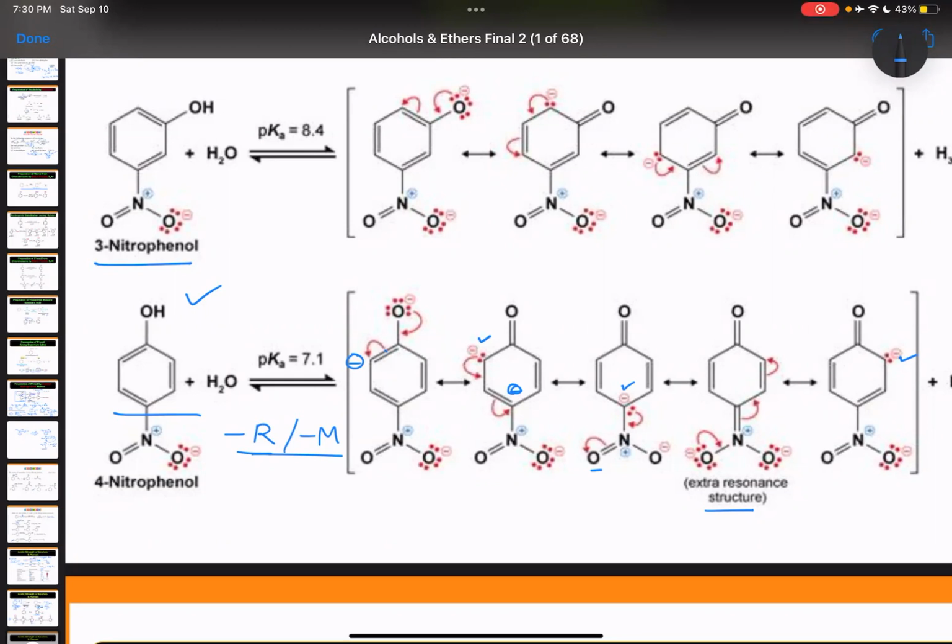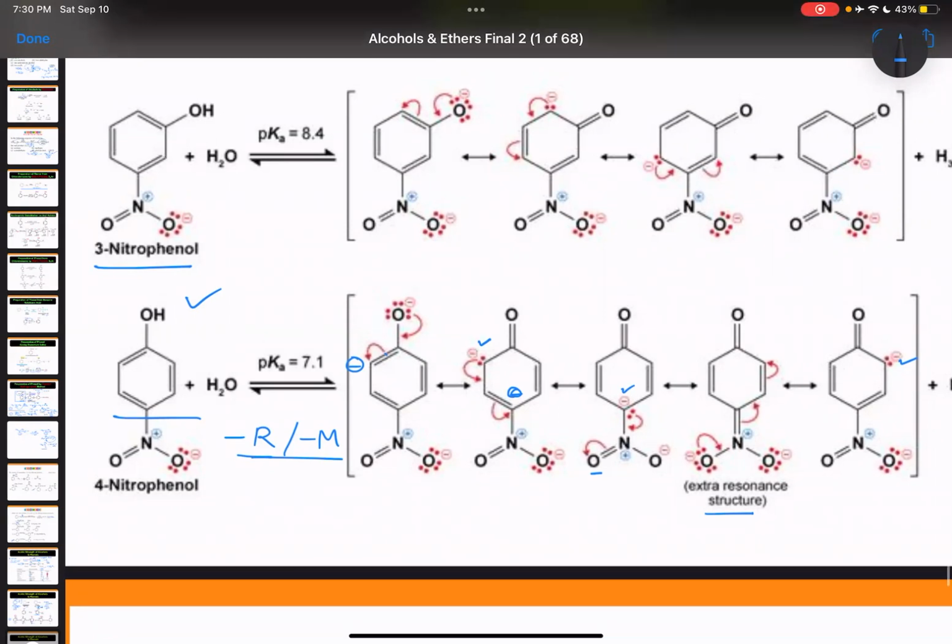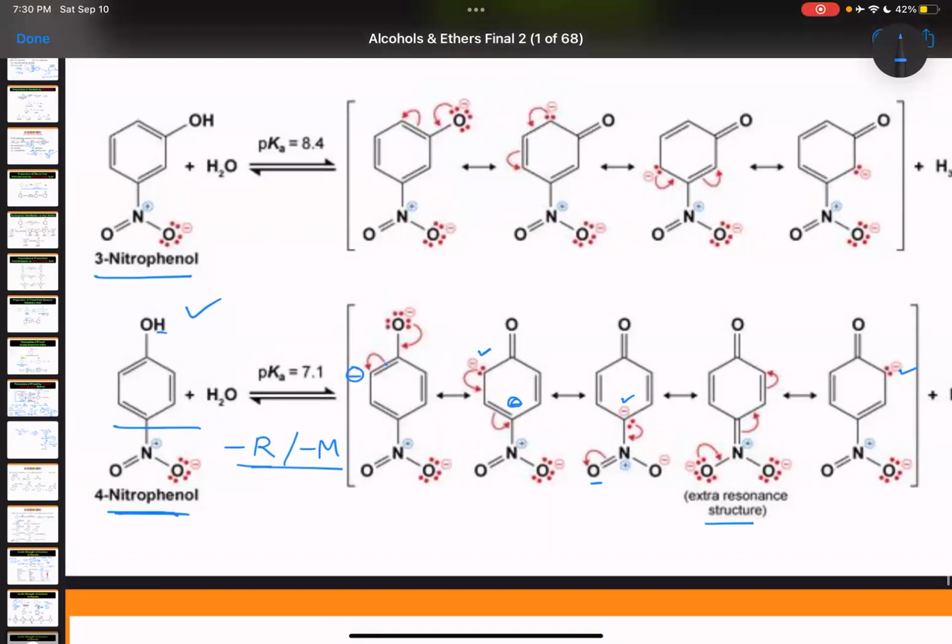So this is a more stable conjugate base. After removal of H plus, the O minus is more stabilized, so it can release H plus more easily. And I told you the electron withdrawing group will make the phenol more acidic. But the electron withdrawing group needs to be placed on the phenol at a suitable position. Then only it will help. Otherwise, it will not help.